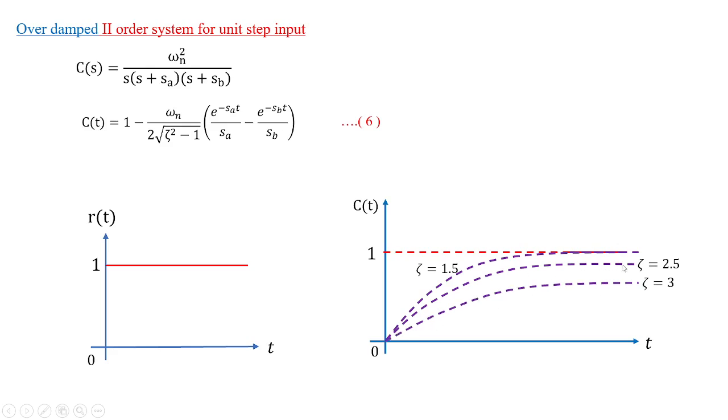Similarly, when I apply zeta equal to 3, the graph is obtained in this fashion. And as you increase the value of zeta, you can see the exponential rising curve reaching towards the t-axis, that is x-axis. So this is how the behavior of the system would be for an overdamped system.